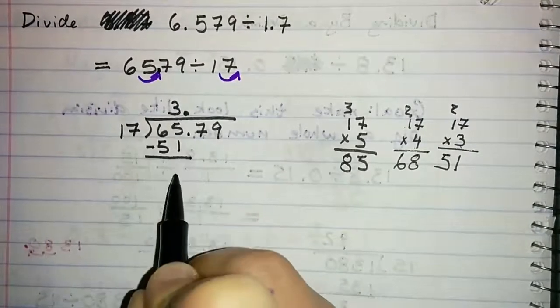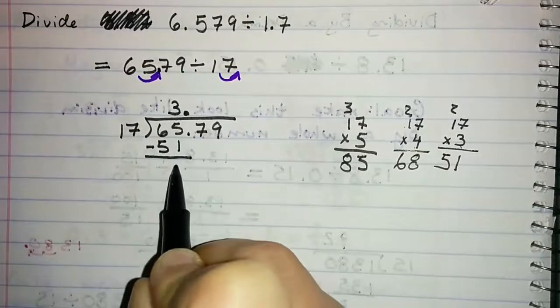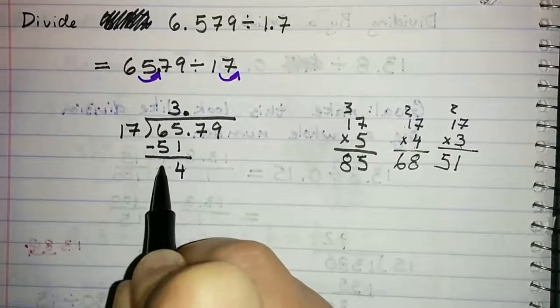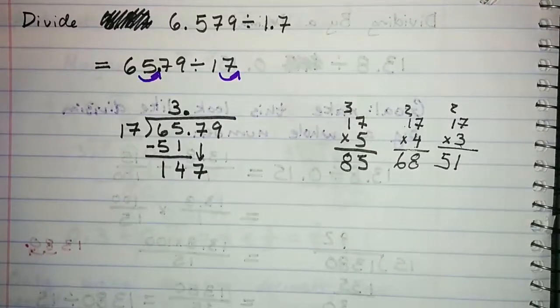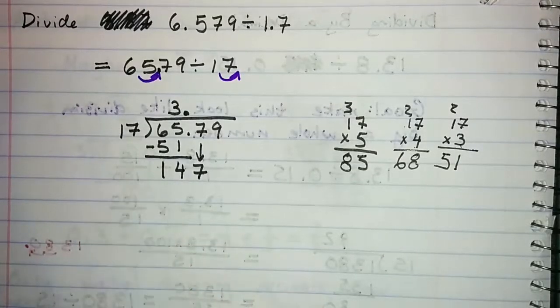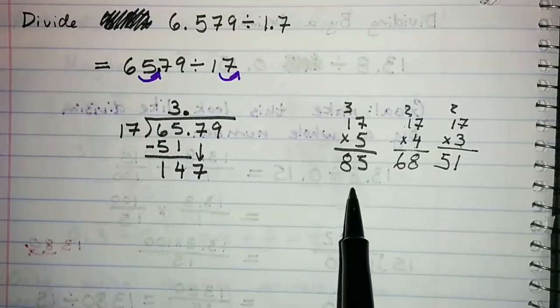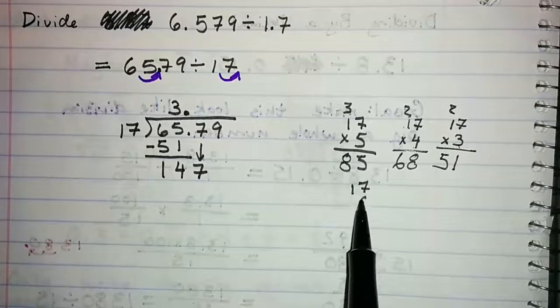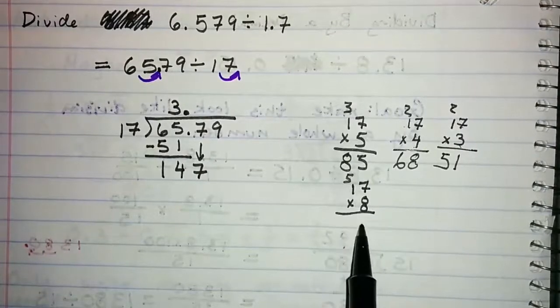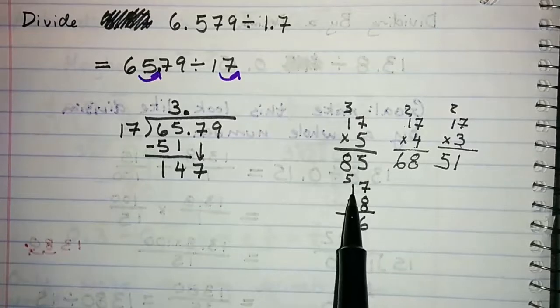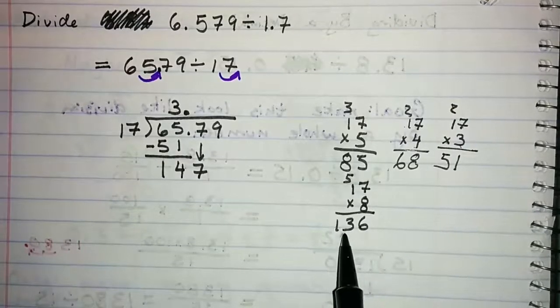Now we subtract. 5 minus 1 is 4. 6 minus 5 is 1. Bring down the 7. 17 goes into 147. Probably a lot. I'm going to guess 8. 8 times 7 is 56. 8 times 1 is 8. Plus 5 is 13.